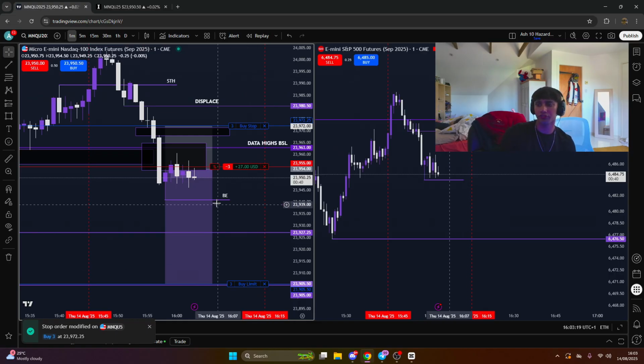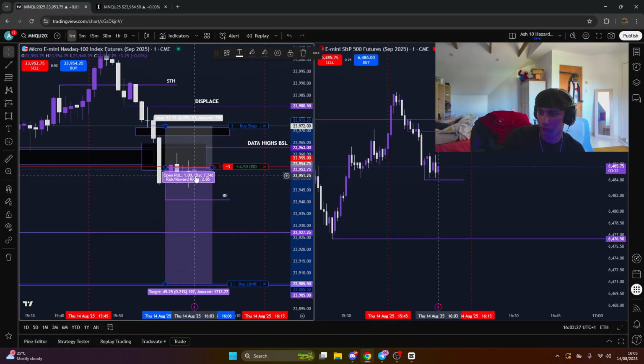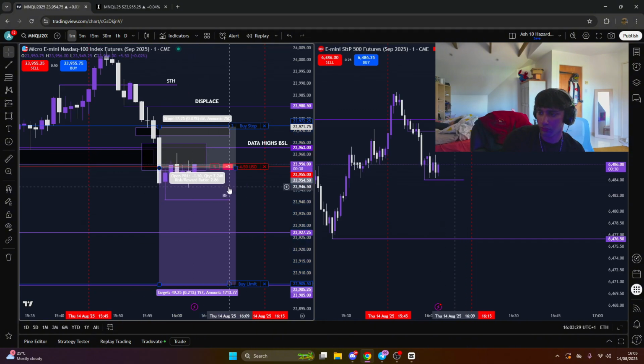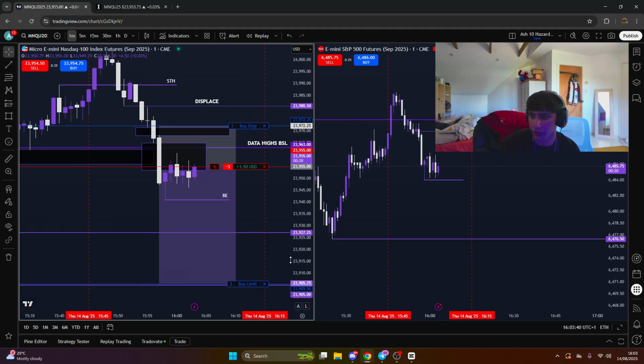So we should start to see an acceleration lower in price. I mean, ES hasn't even taken that first short-term low yet.